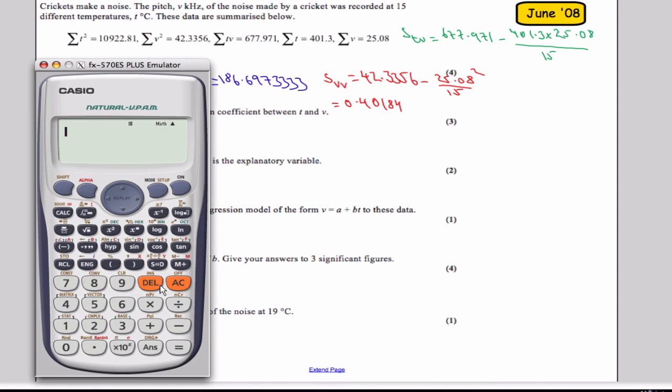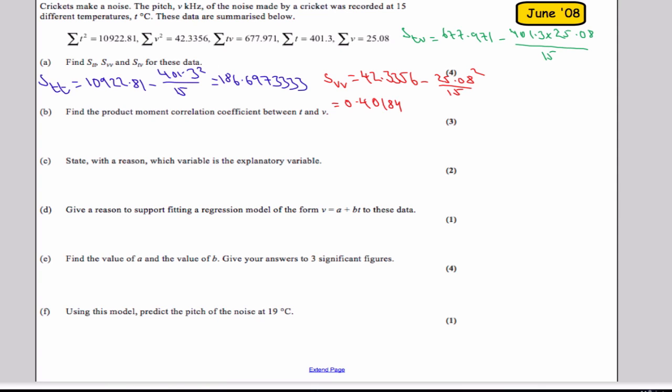Okay, so here we go. 677.971 minus 401.3, I'll put the 15 in now, go back up and multiply by 25.08. And we get 6.9974. So STV equals 6.9974. Okay, so that's part A completed.